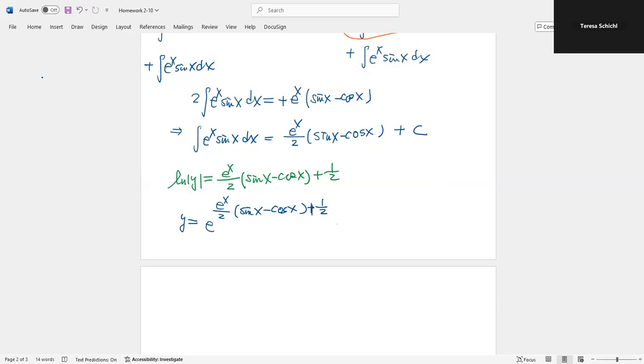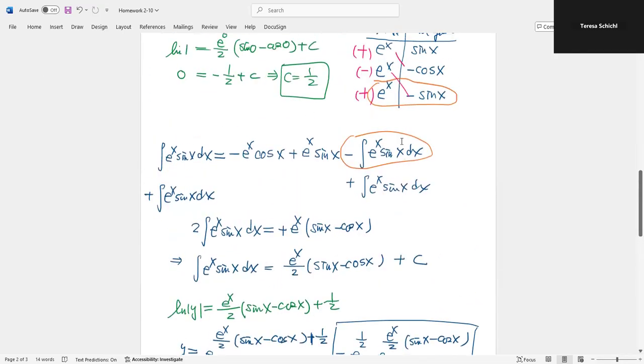So if you want, you can take this e to the 1/2 out, then times e to the e^x over 2 times sine x minus cosine x. All right, that's it. So this is the solution for this problem.